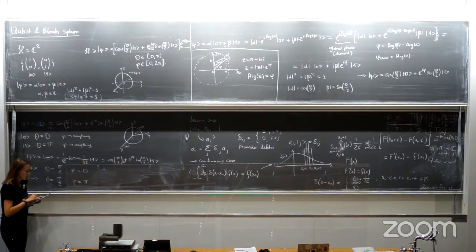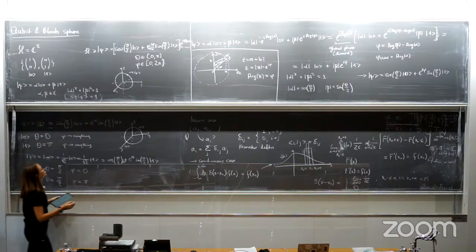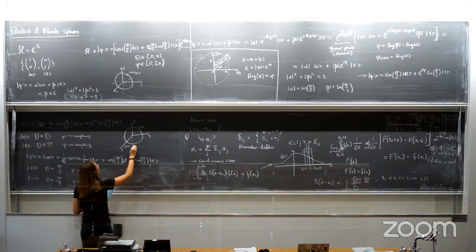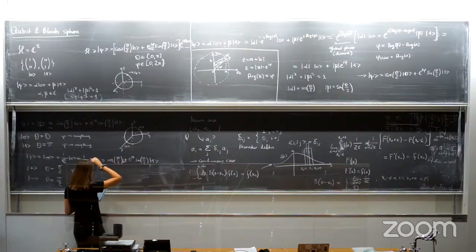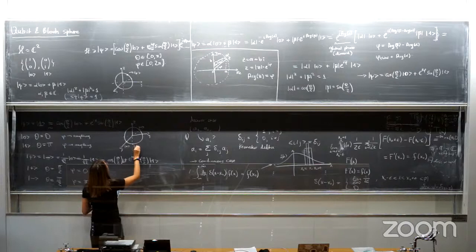Okay, and in the exercise there are going to be some other states, and of course I forgot the 0 and 1 states. They are this state and this state.